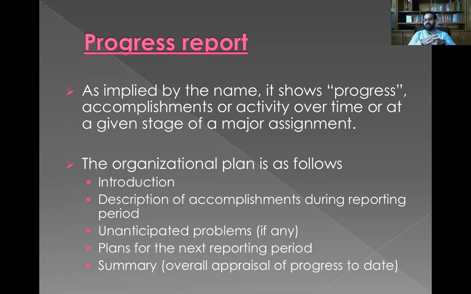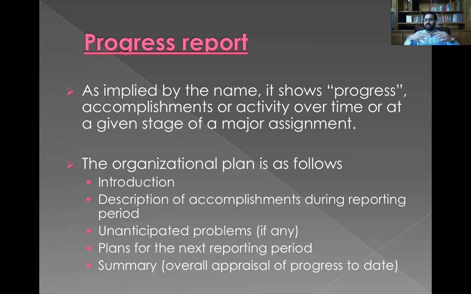The organizational plan is as follows. First you put an introduction, then a description of accomplishments during the reporting period. For example, in 2018 this student performed well. In 2019 the student could not perform well. In 2020 he has regained the lost identity he had as a good student. So it's in a periodic way. Then unanticipated problems, if any.